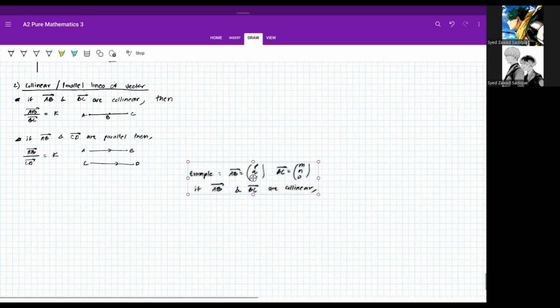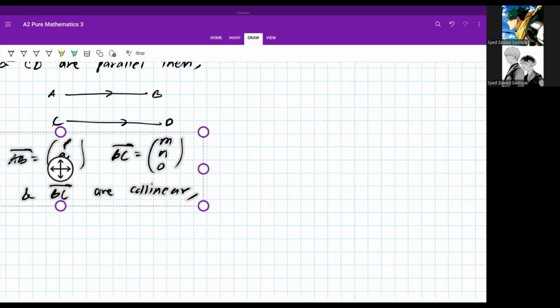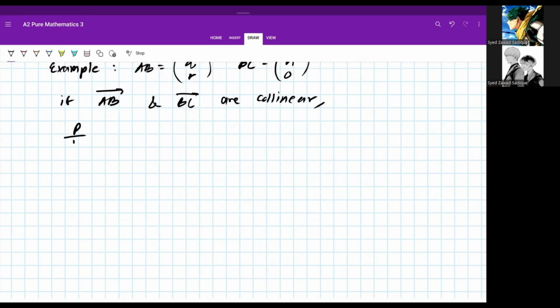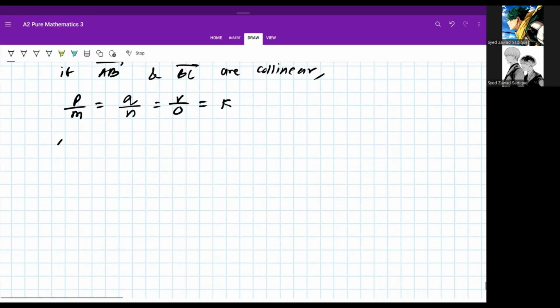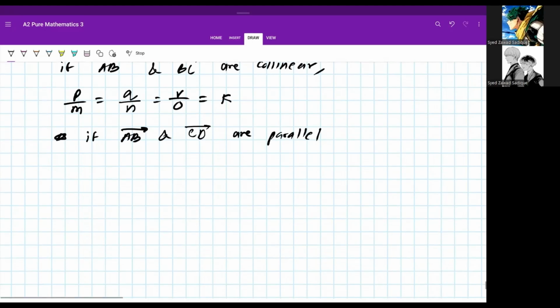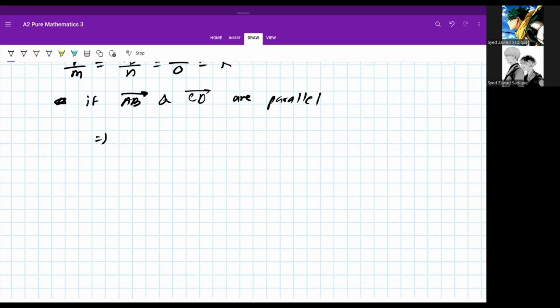All right, example for collinear. If AB and BC are collinear, then we can say P by M is equal to Q by N is equal to R by O, which is equal to K. Therefore, if AB and CD are parallel, then we can write AB parallel to CD gives us AB by CD is equal to K. Oh wait, why am I repeating?